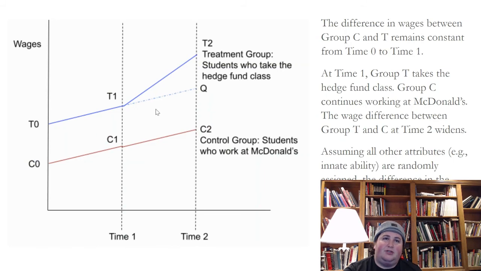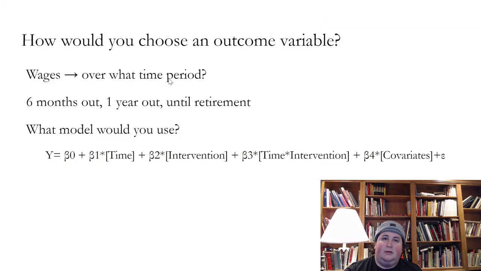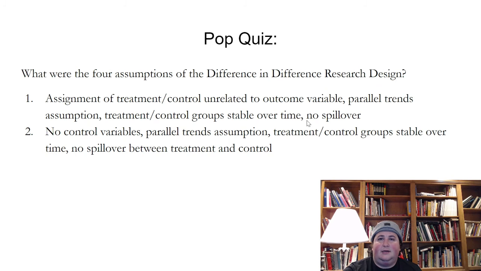So let's just think here: are all of these 4 assumptions met? If it's random assignment, we probably have parallel trends.